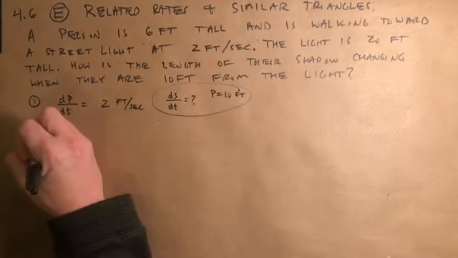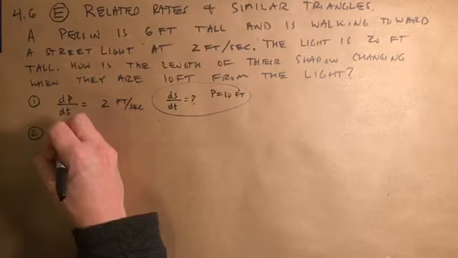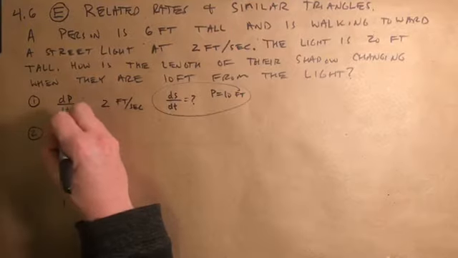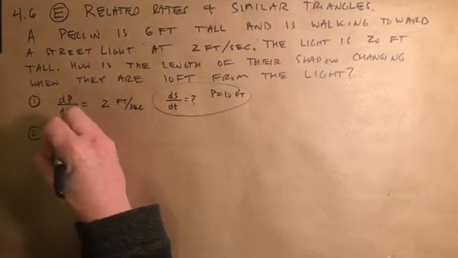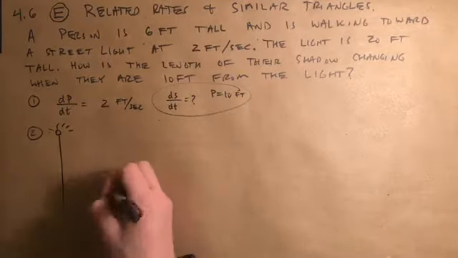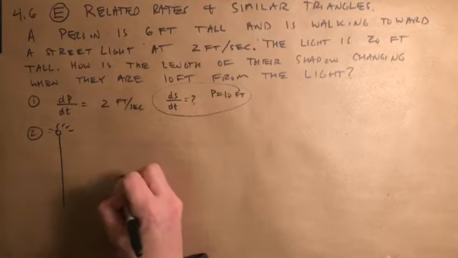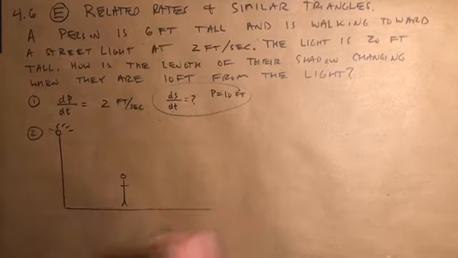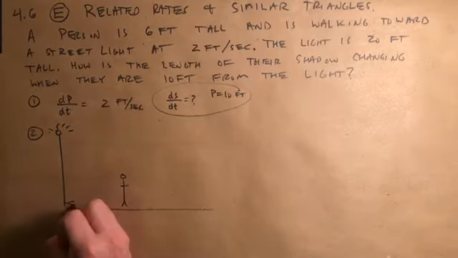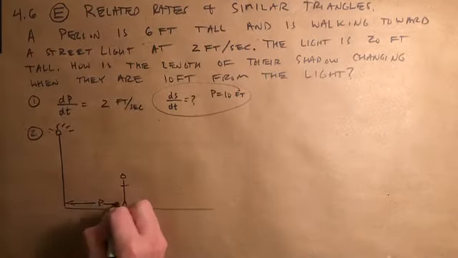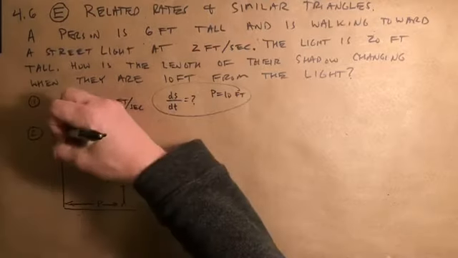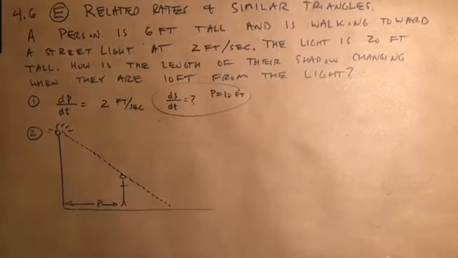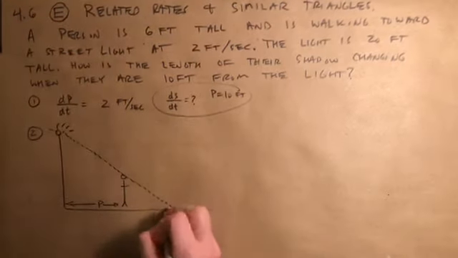Now, let's make our picture. And what I can draw here is some street light. And I'll draw a person. And so this distance right here will be P. And the street light is going to make a shadow off the top of that person's head.